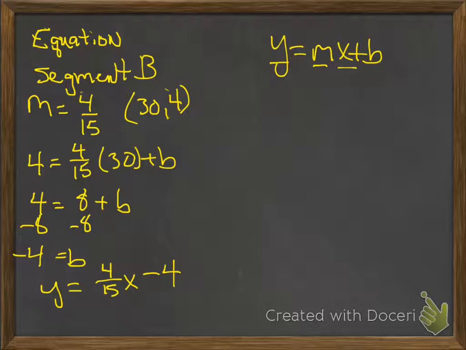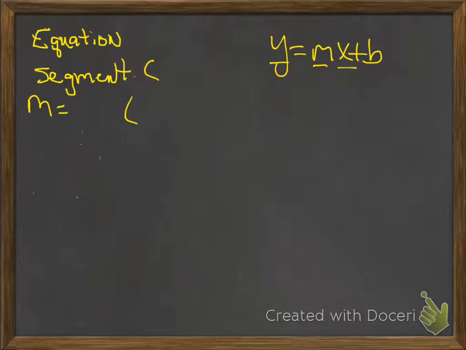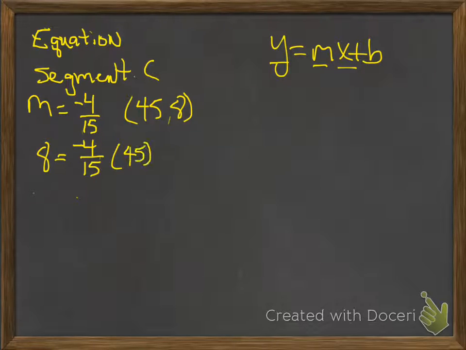Okay, again, pause because I'm about to erase. I hope I'm on C because I'm getting a little confused with being asked some questions here too, but that's okay. -4 over 15, 45, 8. So again, I'm saying here 8 is equal to negative 4 over 15 times 45 plus b.